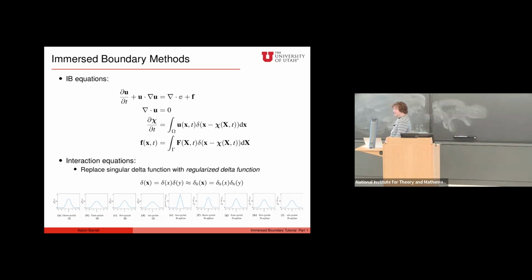For immersed boundary, we have a lot more freedom in how we choose a delta function. Typically, we choose one that has compact support so that we can efficiently evaluate the integrals. I have several examples and they all look very similar, but it turns out, as we will see in a little bit, that they provide drastically different errors. Some of them will be very accurate, some of them will be terrible.